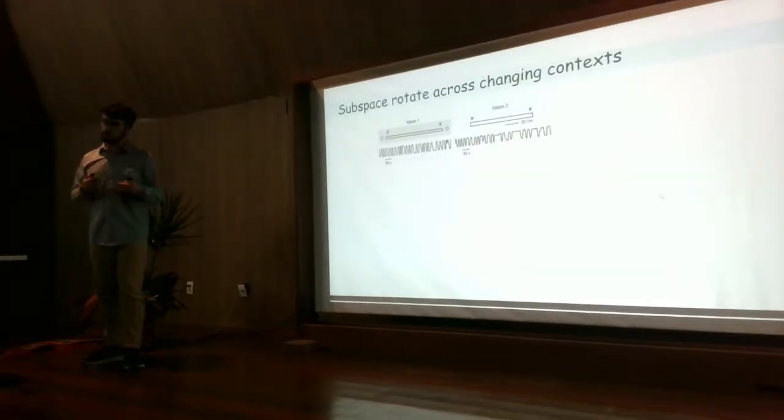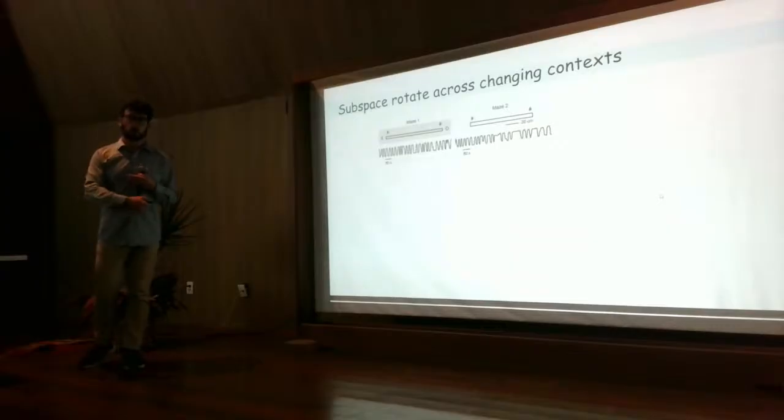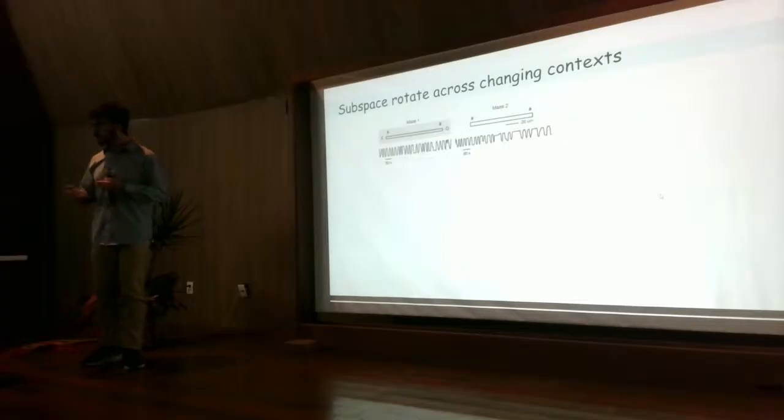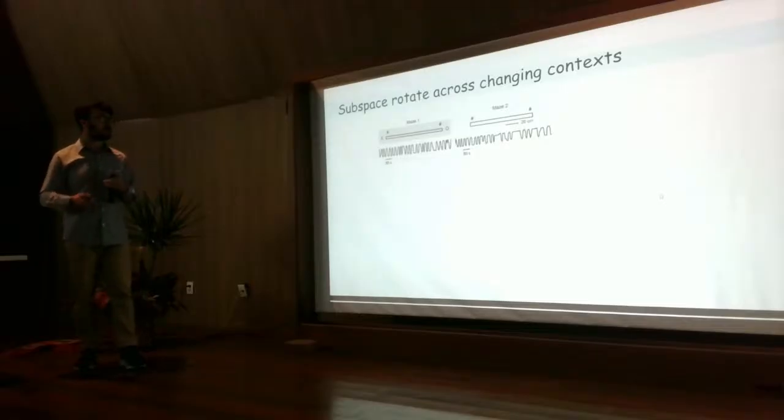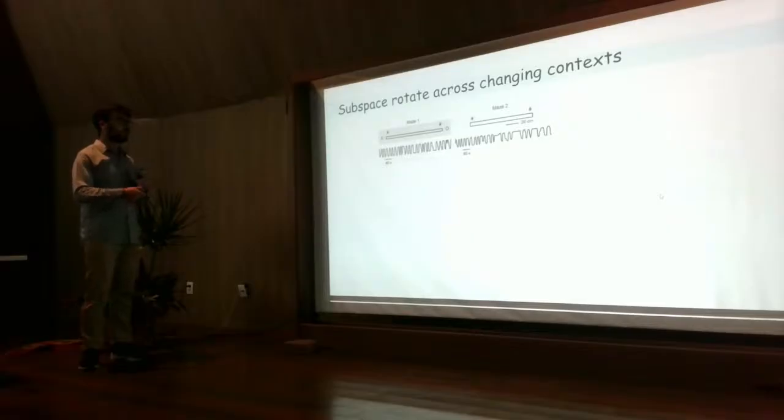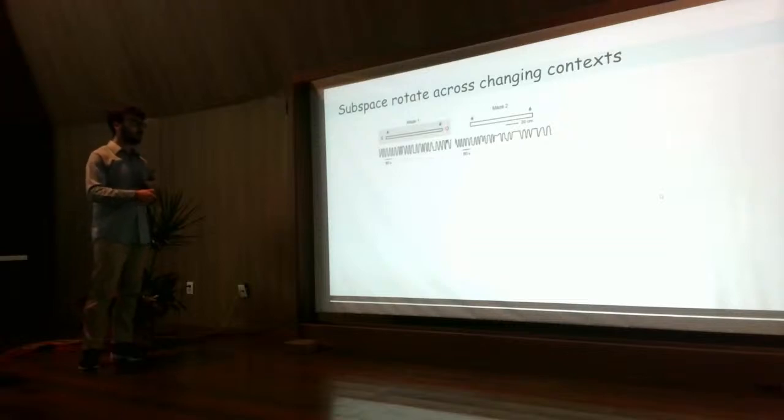Okay, so what's the meaning of this subspace rotation that we saw in spontaneous conditions? To get an idea of the possible meaning, we had this experiment that Mishi performed in the lab, a very nice experiment in which the animals go first to maze 1 and perform a set of trials, getting rewards at both ends.